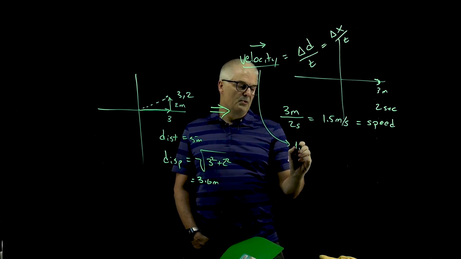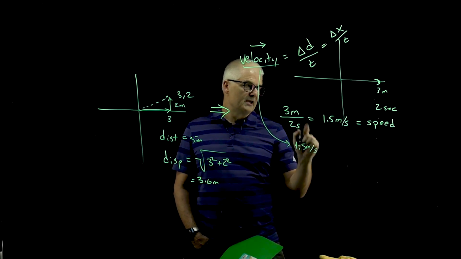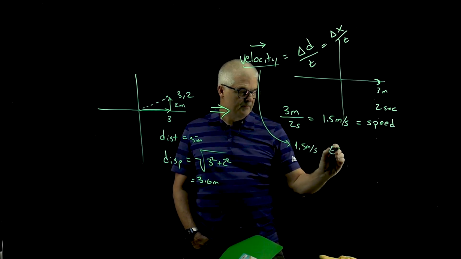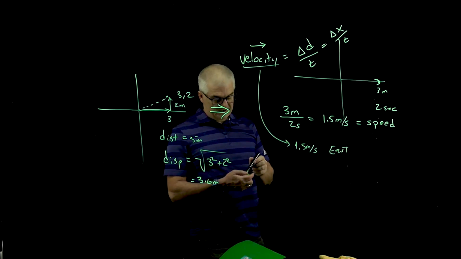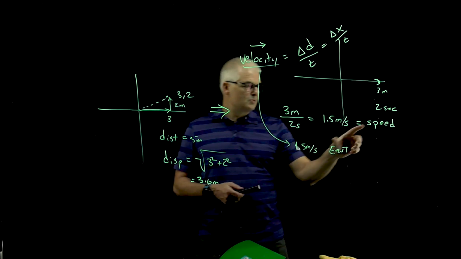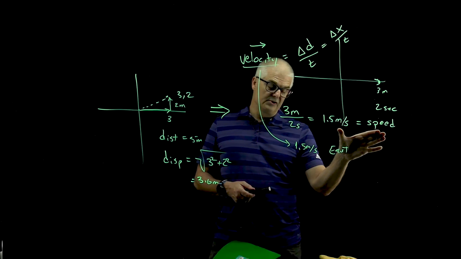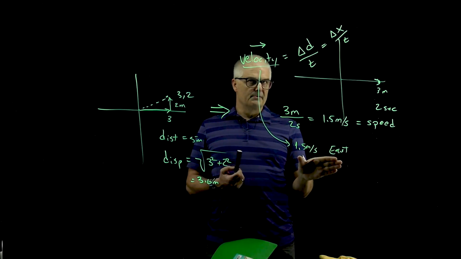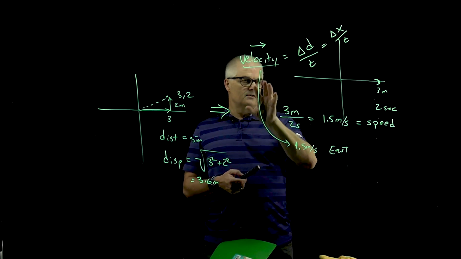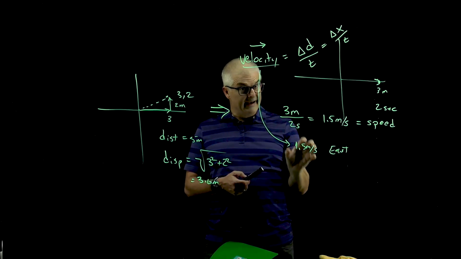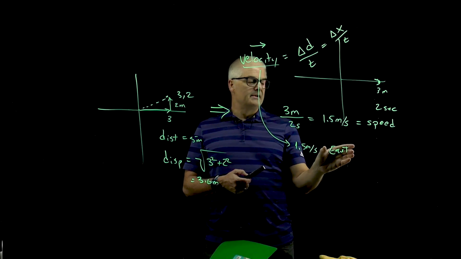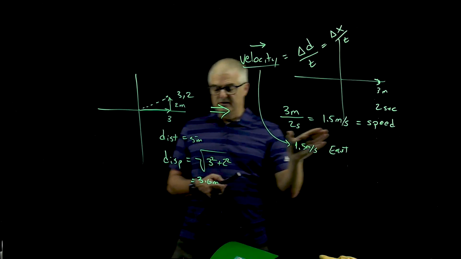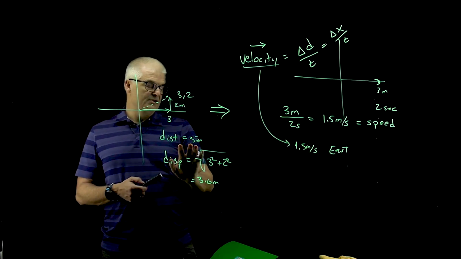So you would say 1.5 meters per second to the east, or sometimes you'll talk about angles. Speed is just 1.5 meters per second, and velocity has a direction. Vectors have both a magnitude, a number, and a direction. They have to have both, whereas just speed or just distance have just a number.